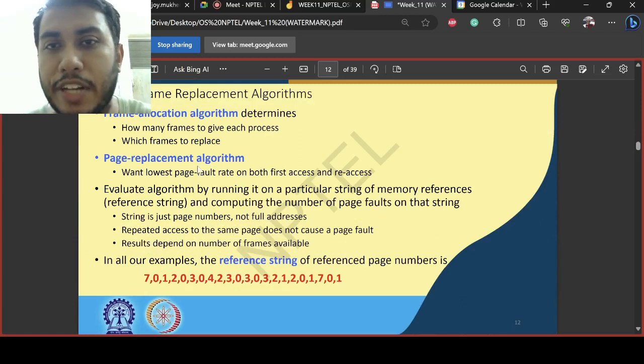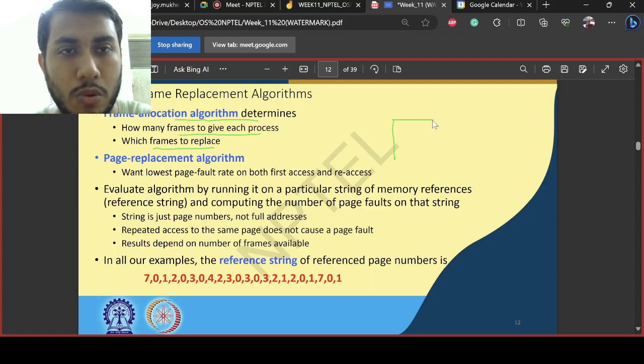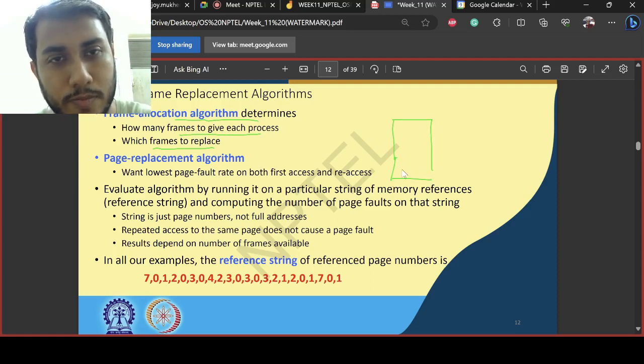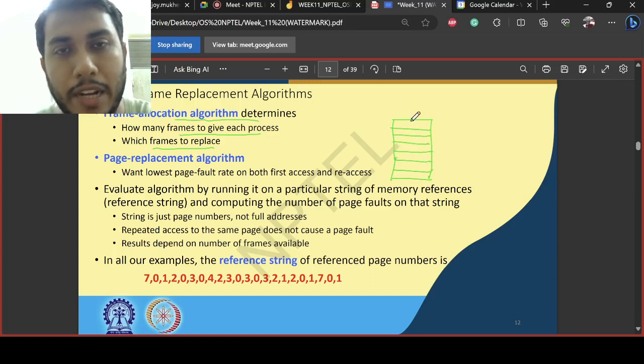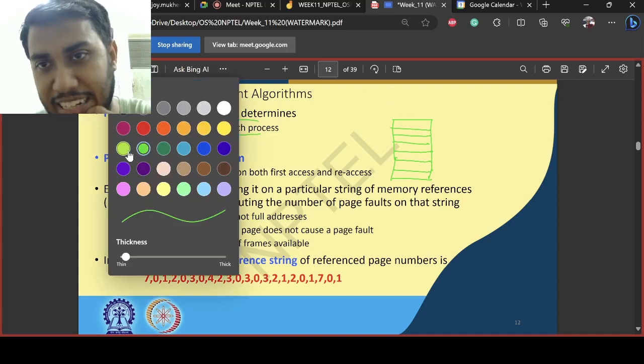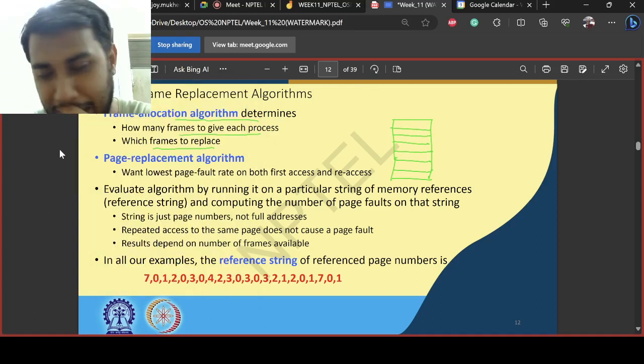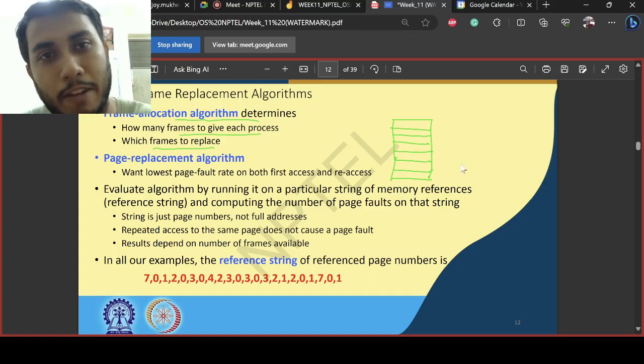Your frame allocation algorithm determines how many frames to give to each process and which frames to replace. So you have a large chunk of frames, right? But you want your CPU to access multiple processes at the same time. That's the reason we have virtual memory, and only some of the pages of a process are present in the main memory.